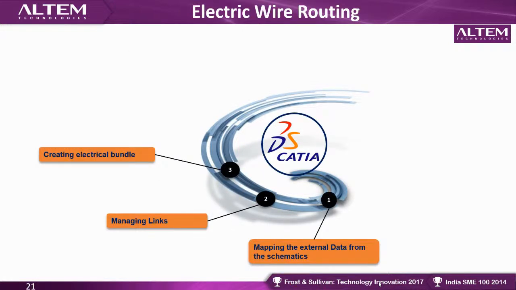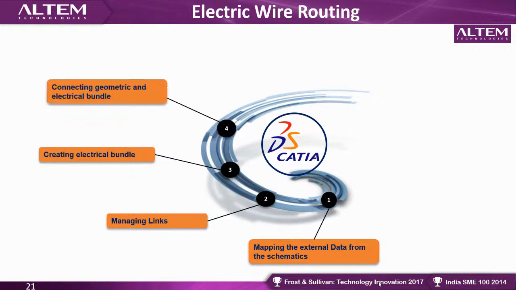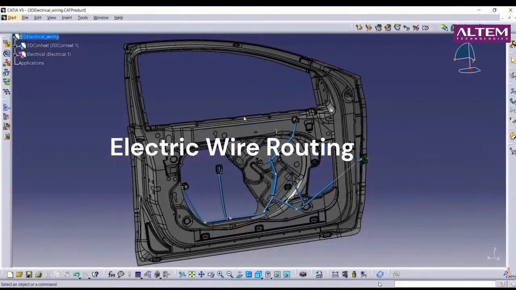So wire routing, we have to map our external data from the schematics, then we have to manage links, then create an electrical bundle, then we have to connect a geometrical bundle to that, and then we can route the wires automatically.